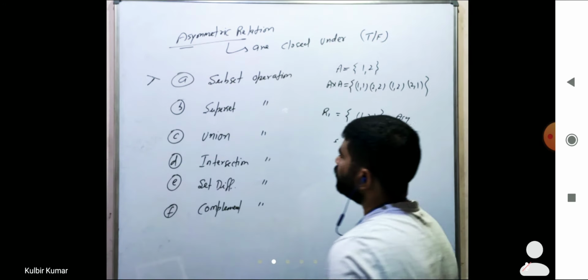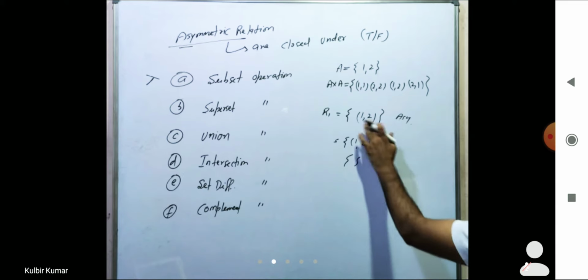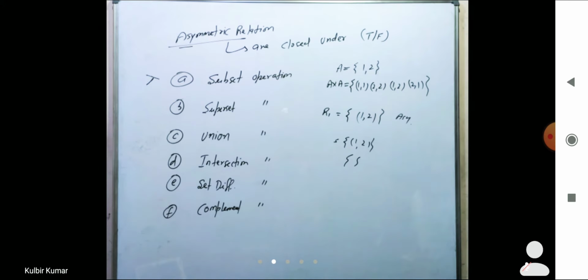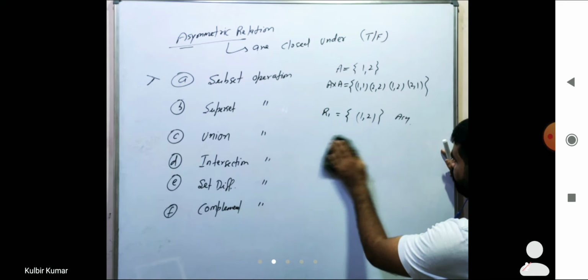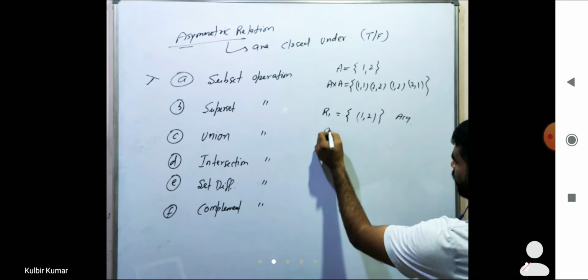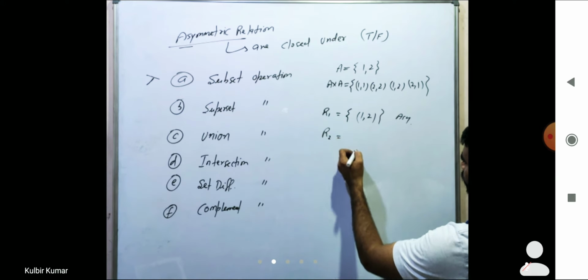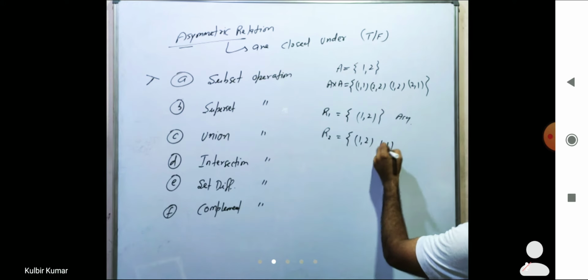What about B? This is superset. Superset means if I am taking this relation, which is an asymmetric relation, what can be the superset of R1? Let me say it will be R2, which is 1 comma 2 and 1 comma 1.